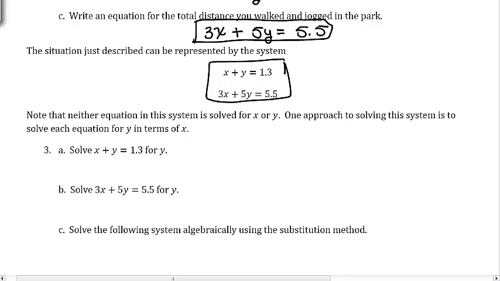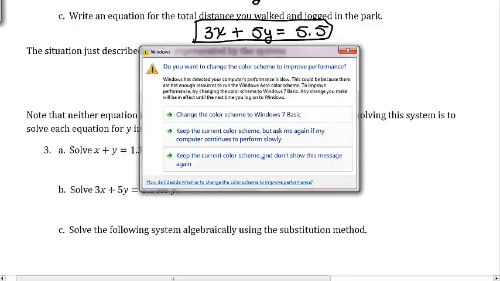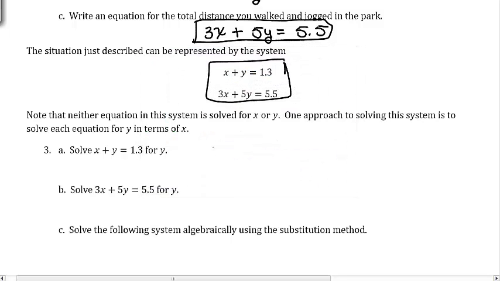Note that neither equation in this system is solved for x or y. One approach to solving this is to solve each equation for y in terms of x. So solve x + y = 1.3 for y. If I do that, I would just subtract x from both sides, and that would give me y = 1.3 - x.